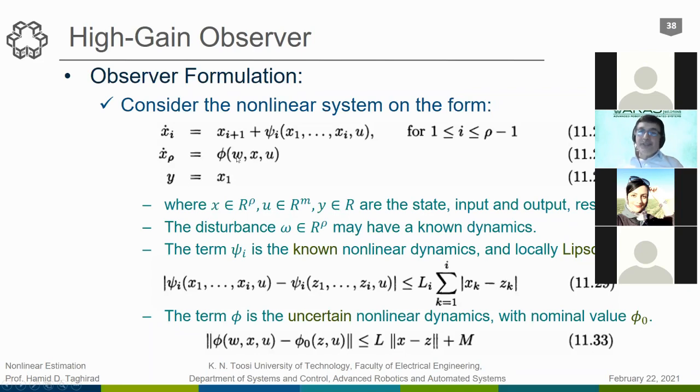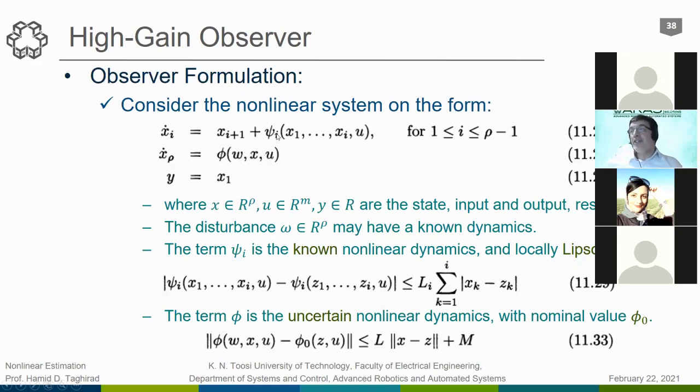Let me summarize just to continue, and you can ask your question maybe later. As you see, the w here is some sort of disturbance, or it could be uncertain or unknown dynamics, as we call it here. So in this formulation, we put psi and phi separately.